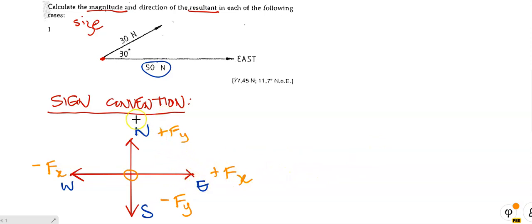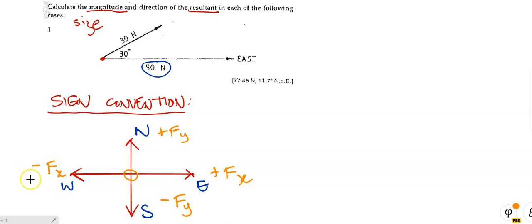This is forces in the y plane, and this is forces in the x plane. All forces acting vertically downward are considered negative along the y plane, and all forces acting horizontally to the left in the x plane are considered negative. People, you need to remember that. So a sign here, minus or plus, doesn't mean to say that the force going this way is smaller than that one.